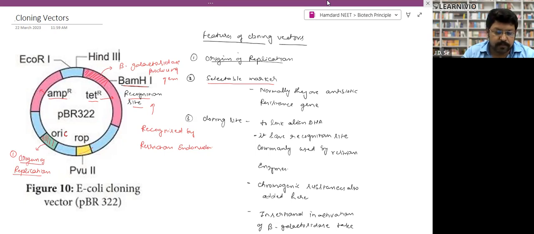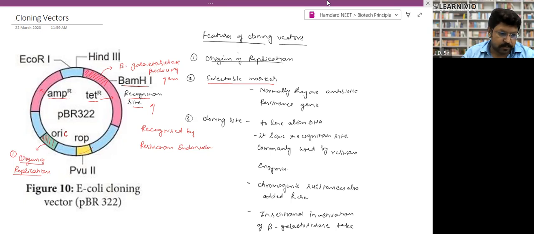Hence they are partially dependent on nuclear DNA for replication.